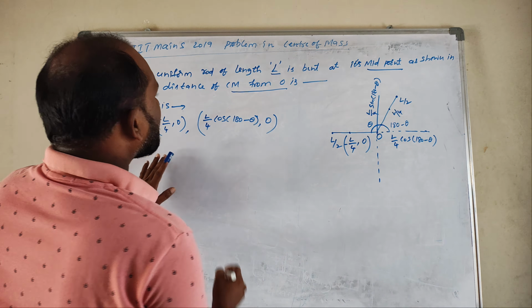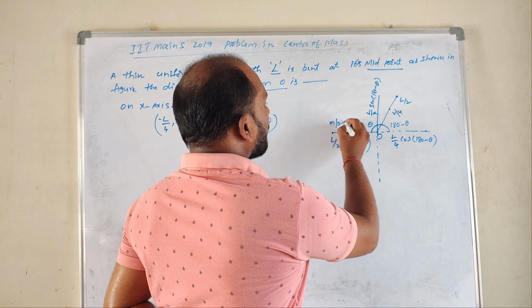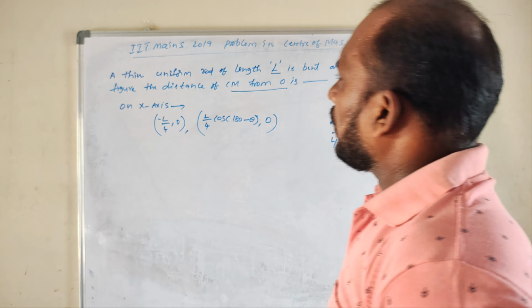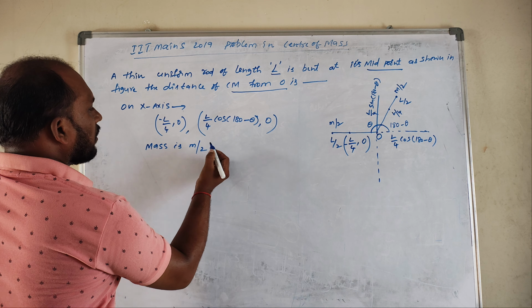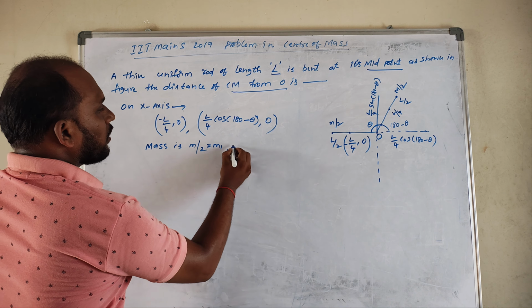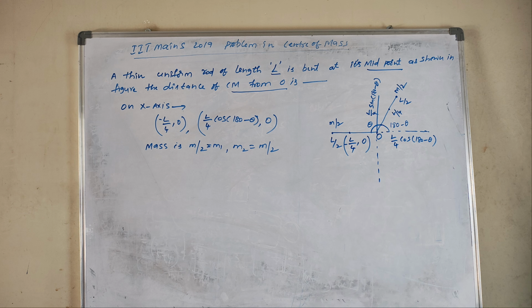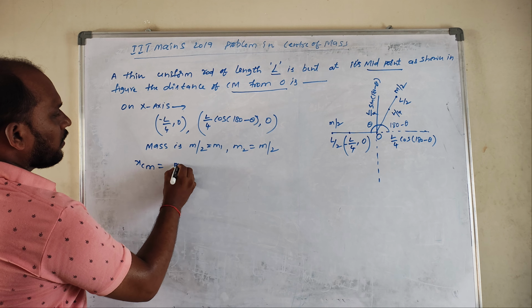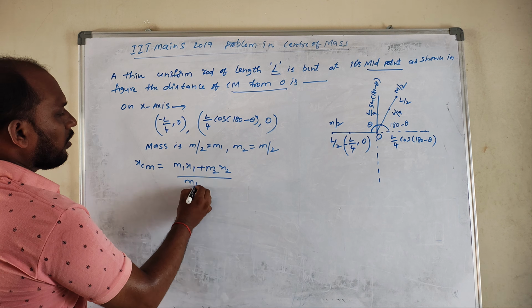Let's assume the mass of the rod is m. It is bent into two halves, so each is m by 2. So m1 is m by 2 and m2 is m by 2. Now I want to find x_cm. The formula for x_cm is m1 x1 plus m2 x2 by m1 plus m2.